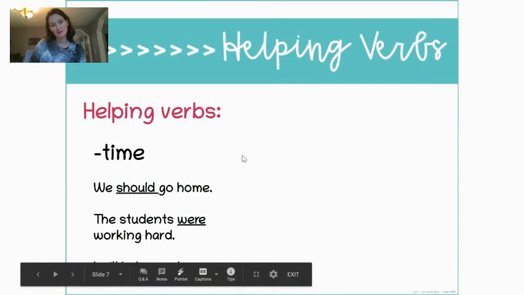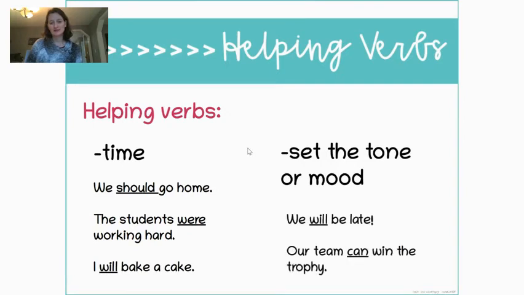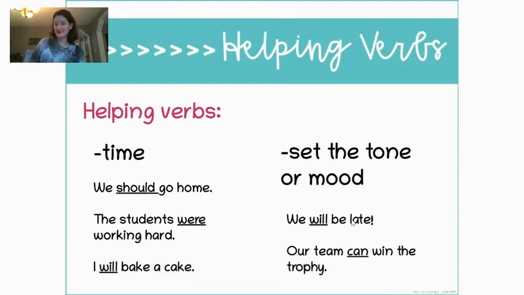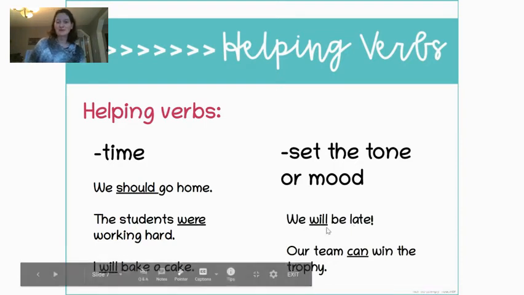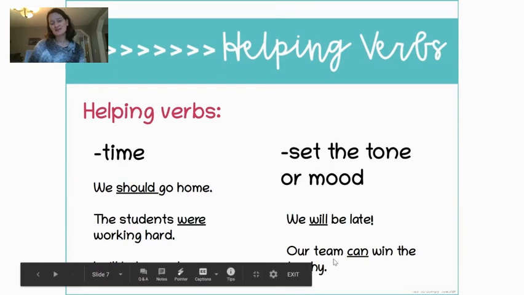But the other thing all of those helping verbs do is they sort of set the tone or the mood for a sentence. For example, we will be late. So being late is the action verb, but the will is the helping verb that kind of sets the tone. You kind of hear the urgency. We will be late if we don't get moving. And the other one, the sentence says, our team can win the trophy.